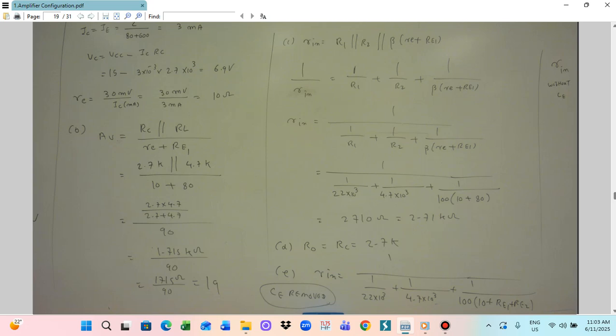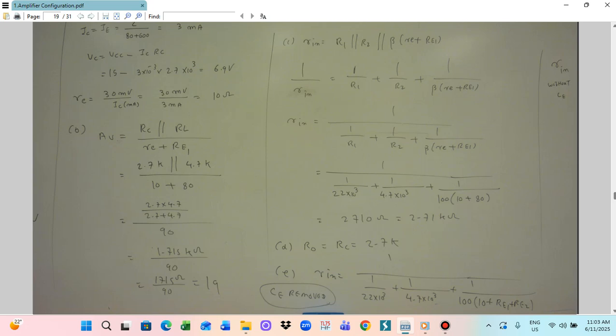Then we substitute into the formula. 1 by R1: input resistance R1 is 22K, so 22 into 10 power 3. 1 by R2: R2 is 4.7K, 4.7 into 10 power 3, plus 1 by beta.